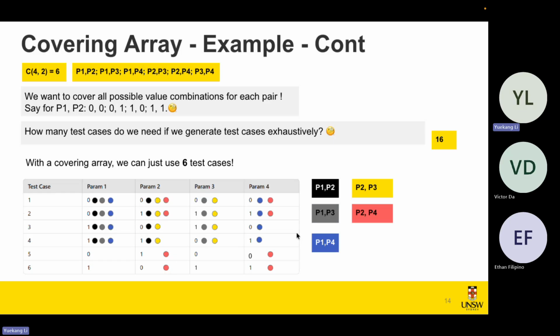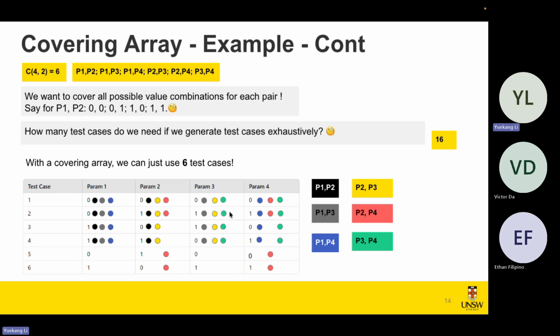And what is the last pair, last combination we can have? P3, P4, yes. So can we find 0, 0? Yes. And 0, 1? This is test case 4, right? And what about 1, 0? This one.